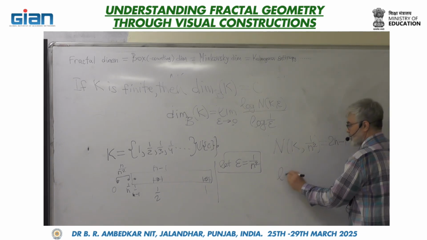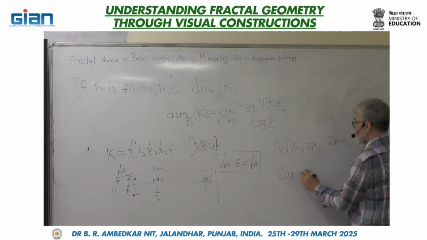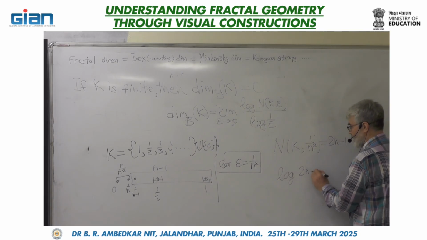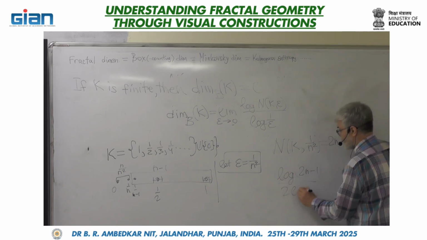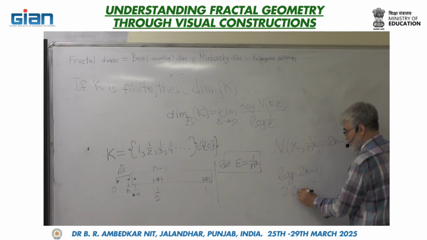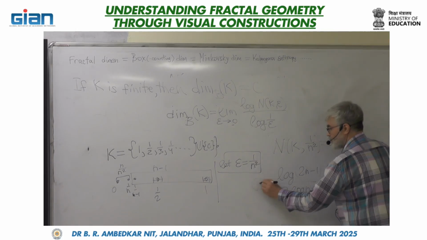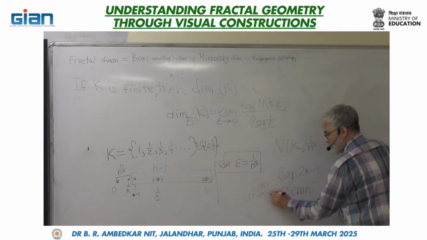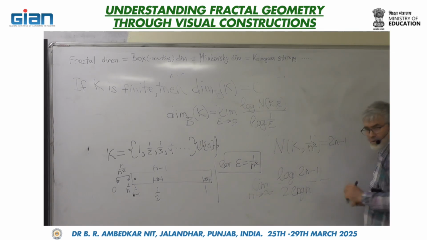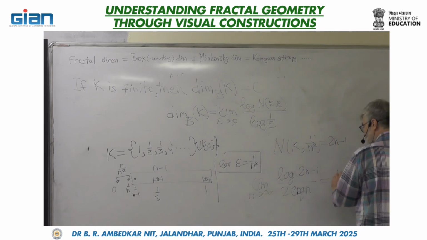And if you take the logarithm of 2n minus 1 and divide it by 2 logarithm of n, and take a limit, then we have 1/2.